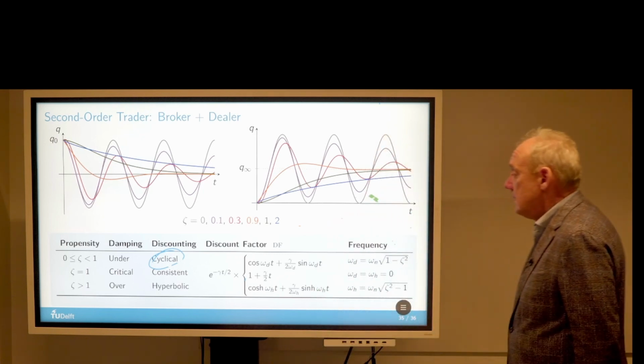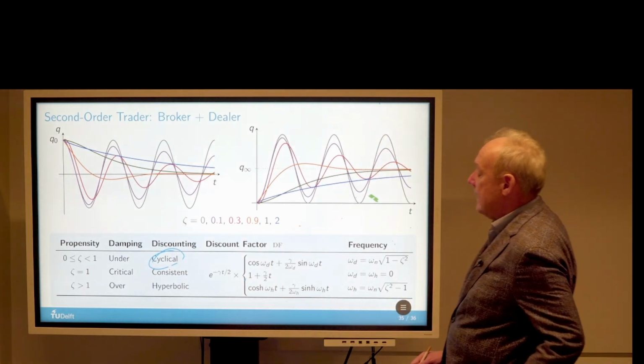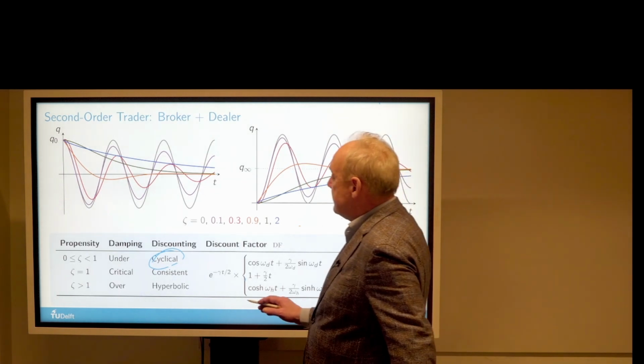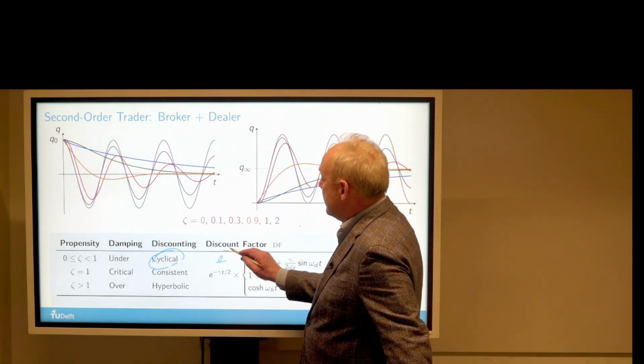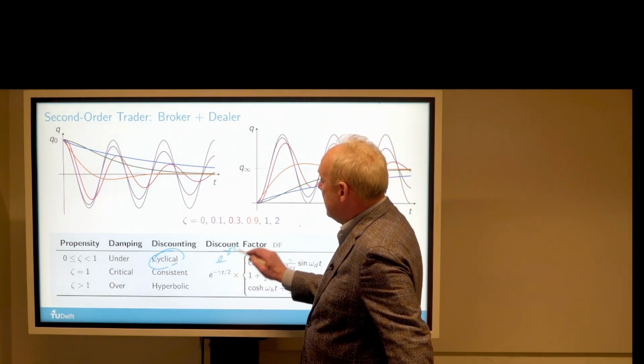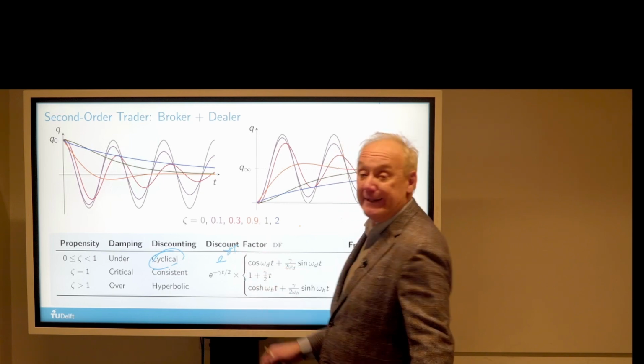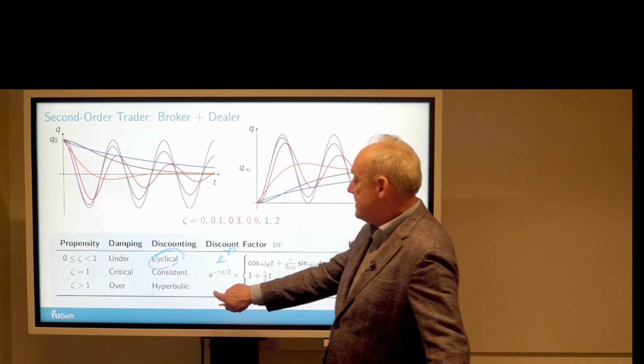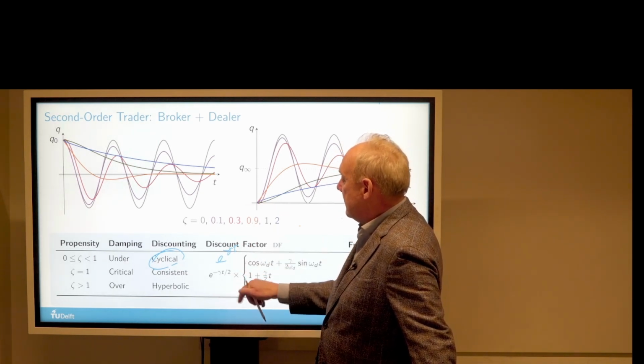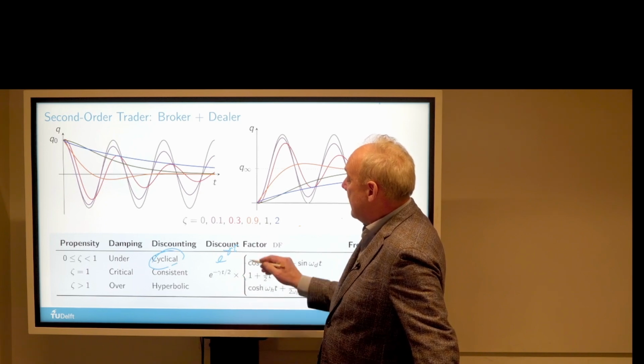All right? Now, what I find mathematically kind of interesting, so you see that this old rate for a first order system, it looks like this, e to the minus gamma t, right? Now here you see that the new discount factor splits this.